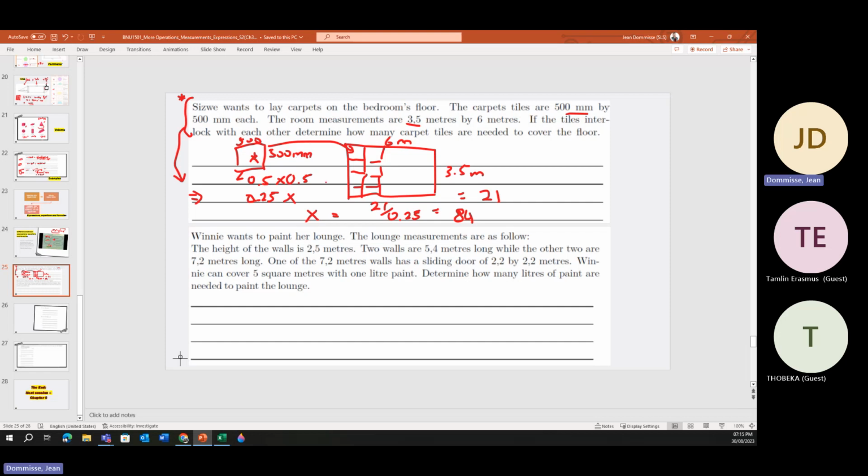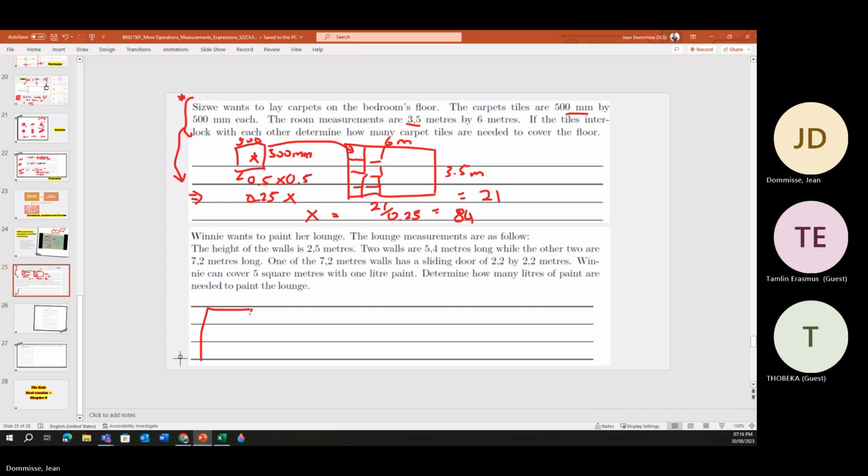Okay, so let's look at the second one as well. When he wants to paint a lounge, the lounge measurements are as follows. The height of the walls is 2.5 meters. Two walls are 5.4 meters long.